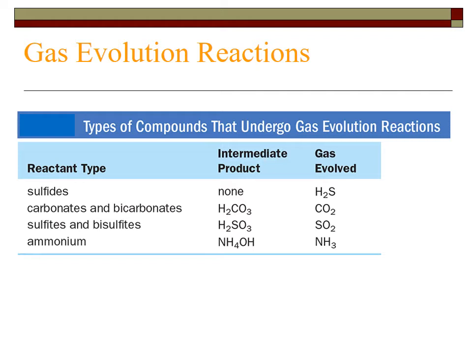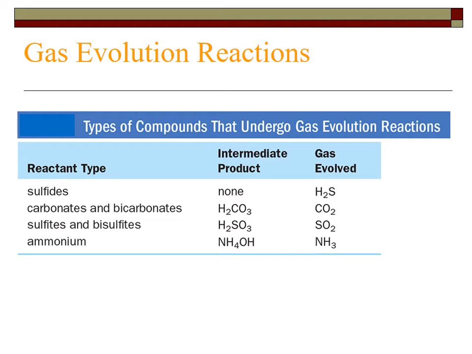What happens in a gas evolution reaction is that the two reactants make an intermediate product that in a lot of cases is an acid, which then goes back and reacts with one of the reactants to make a product. And so we get this complicated reaction which we call a gas evolution reaction.